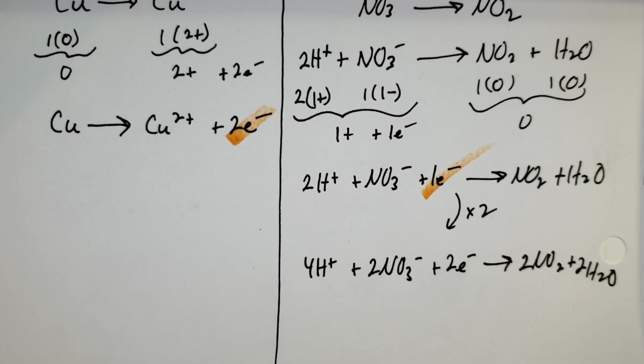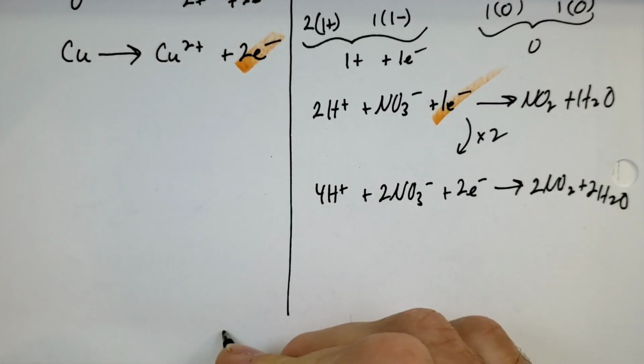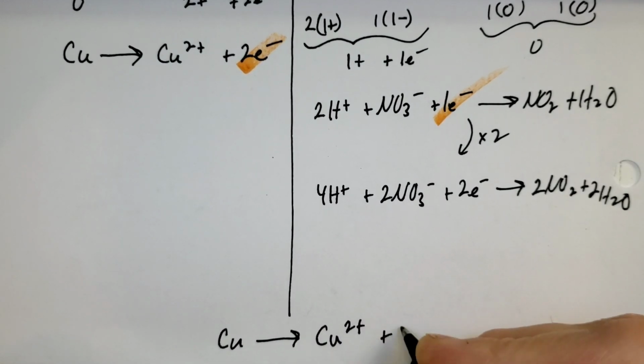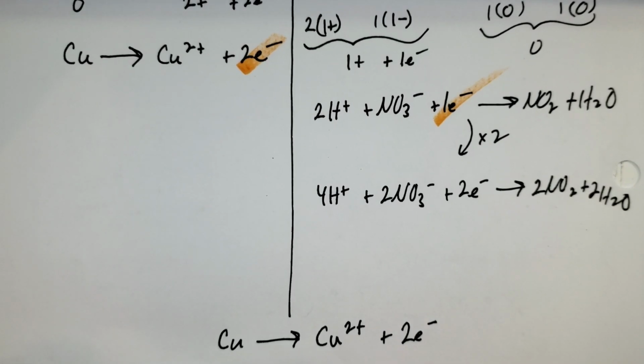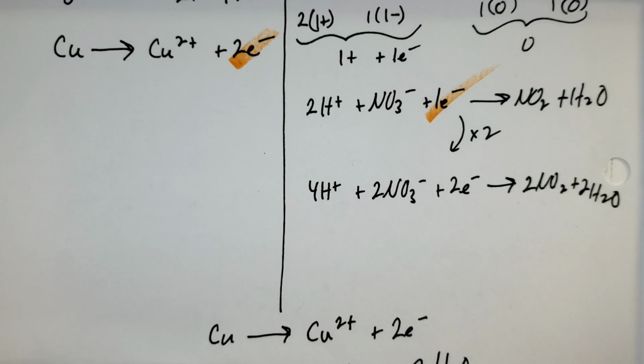Okay, so I should have everything that I need. Now I just need to combine the 2 equations together. So this one over here, Cu yields Cu2 plus plus 2 electrons. Again, I'll write it so the arrow's underneath. Then 4 H pluses, 2 NO3 negatives plus 2 electrons gives me 2 NO2 plus 2 H2Os.